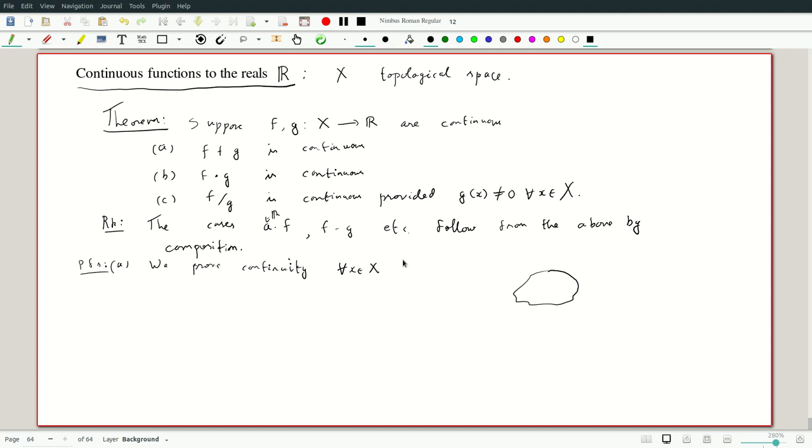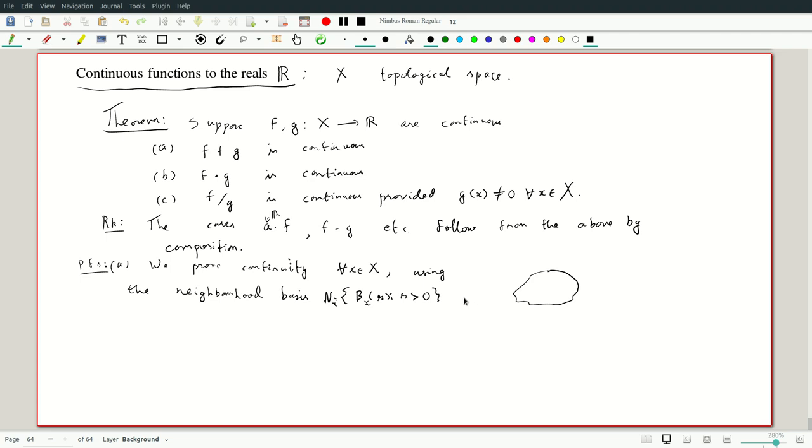So we use the fact that we have local continuity using the basis, and indeed not the basis even, but the neighborhood basis, the set of all balls around x of radius r, such that r is greater than 0.